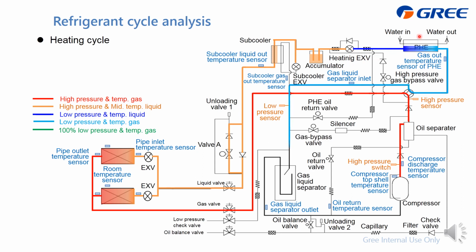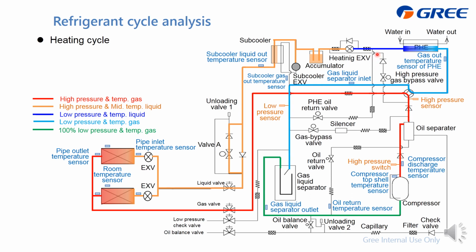Then it can absorb heat from this water, and the refrigerant becomes gas and flows back to the gas liquid separator, then to the compressor. And also for the heat tank, we do not use this subcooler EXV, which means this is fully closed.